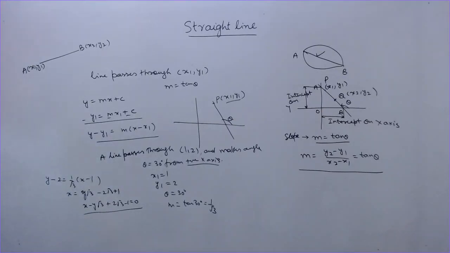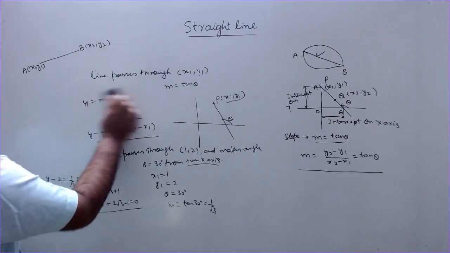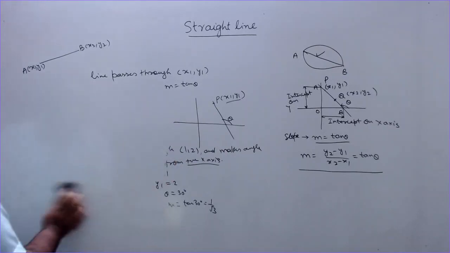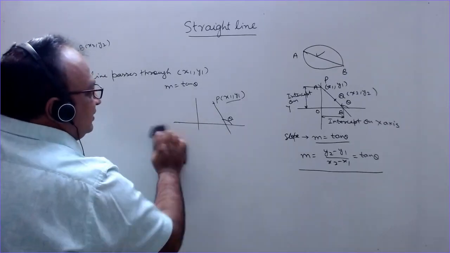This is the equation of the straight line. So this form is called slope form, and the first one was the slope intercept form. Now there may be another form of the straight line in which the line is passing through 2 points. So how to write the equation of the line in such a case?